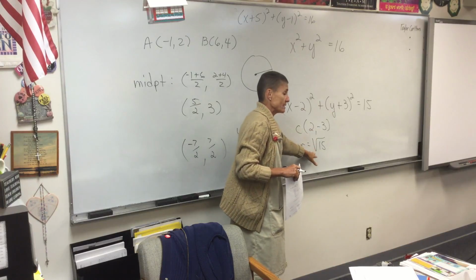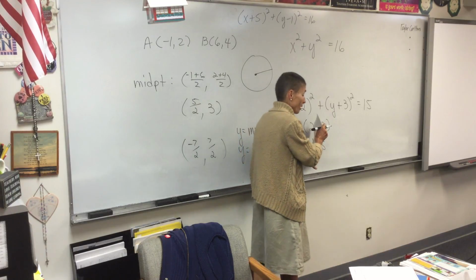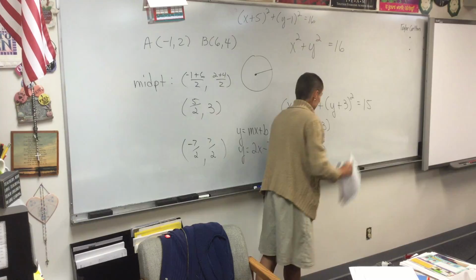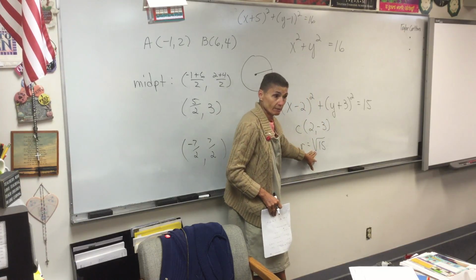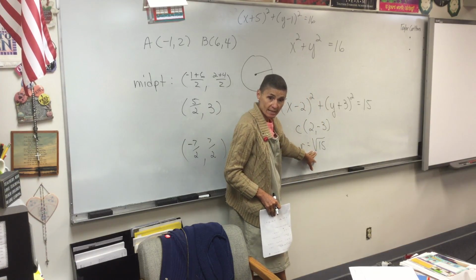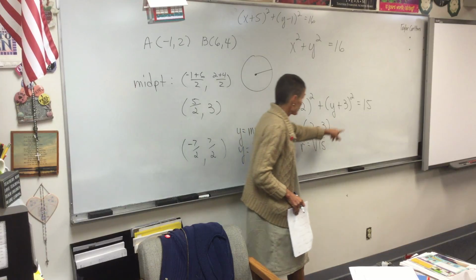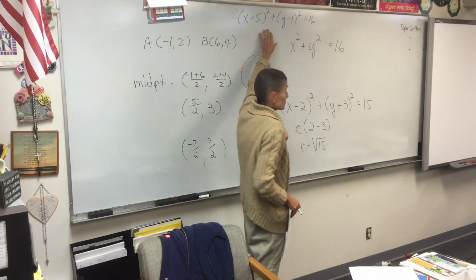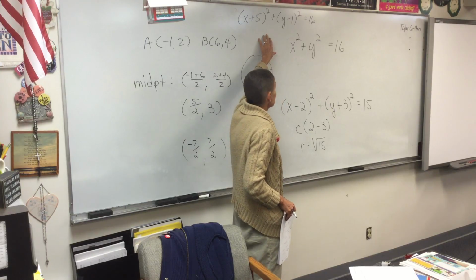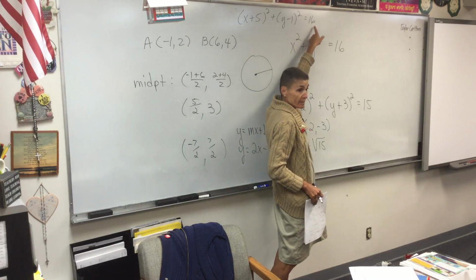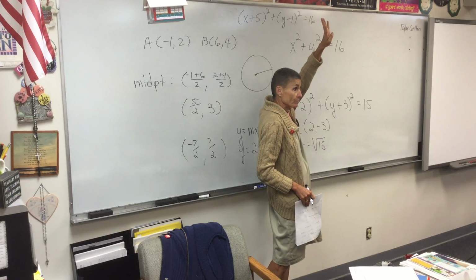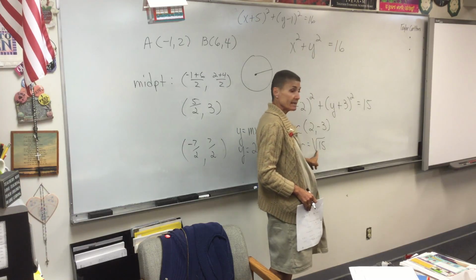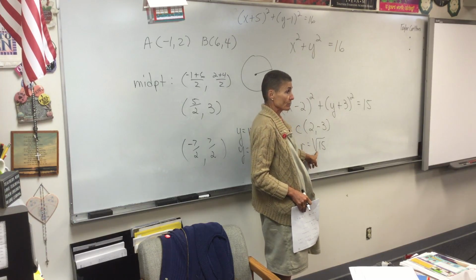Now look at my radius, back to the sheet problem here. I got the square root of 15. Where did that come from? The square root of whatever's over there. So for this one, which isn't on your sheet, I made this one up, the radius would be 4, because we take the square root.